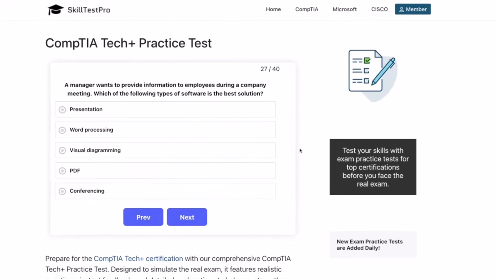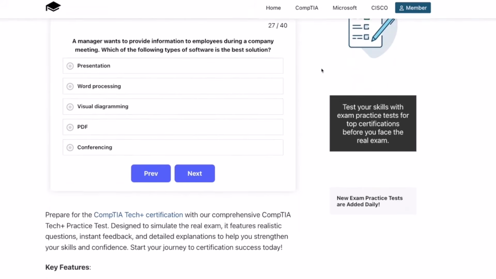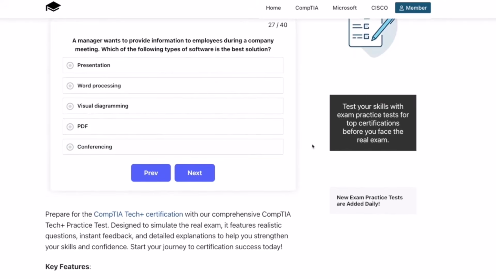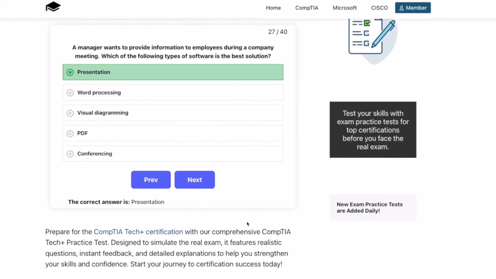Next question. A manager wants to provide information to employees during a company meeting. Which of the following types of software is the best solution? Presentation, word processing, visual diagramming, PDF, or conferencing? Hope you said presentation because that's the correct answer.